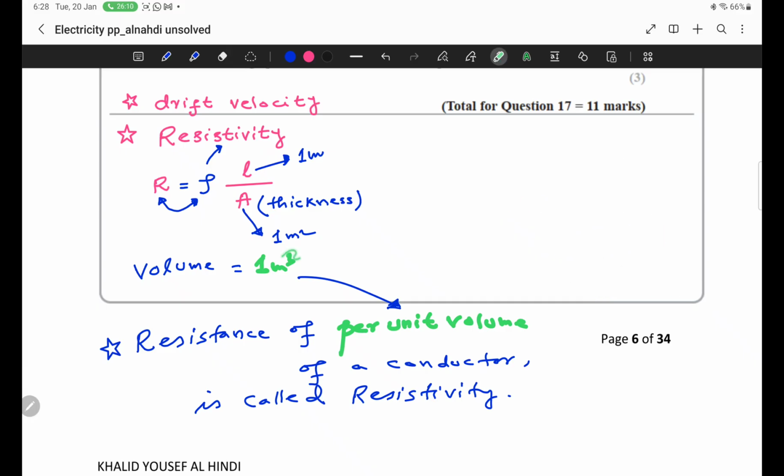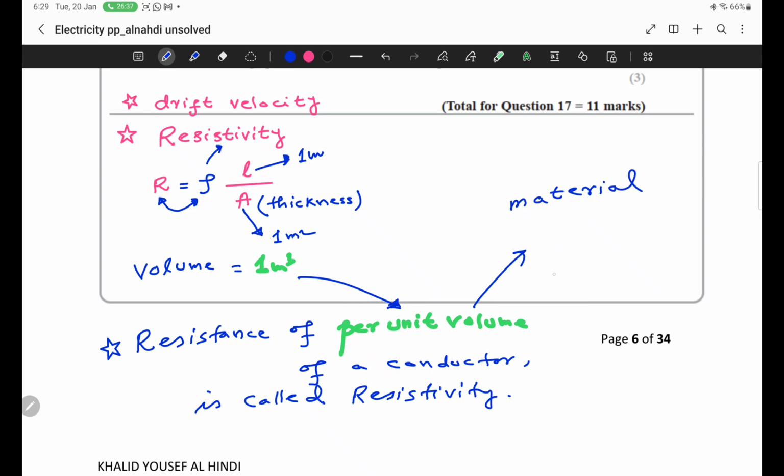Specific resistance means for a specific volume, the resistance is called resistivity. So this is its introduction, and now I think we should solve questions. When we solve questions, this concept will be more clear. And the main thing again, sir, resistivity value depends upon the material.